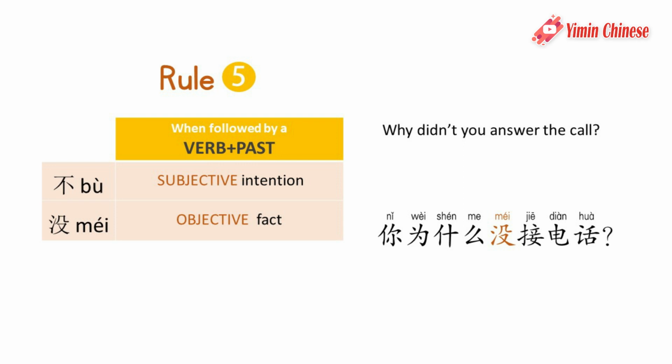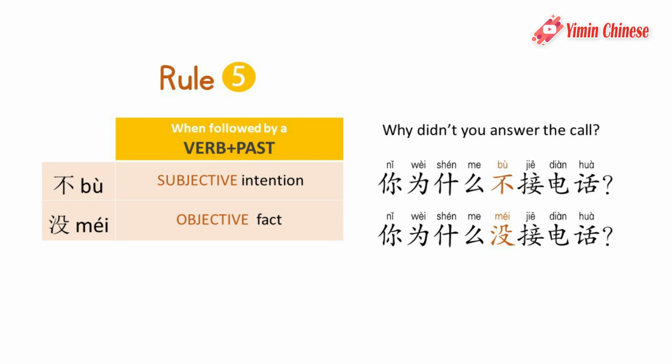She's not assuming anything. But if she uses 不 instead, 你为什么不接电话? Now it's with 不. Although it's also translated as why didn't you answer the phone, now it's not just asking about the fact. By using 不 instead of 没, the subtext is that she thinks you didn't answer the phone on purpose.